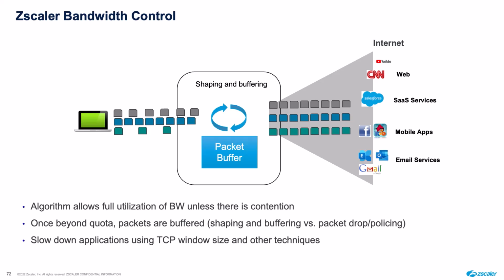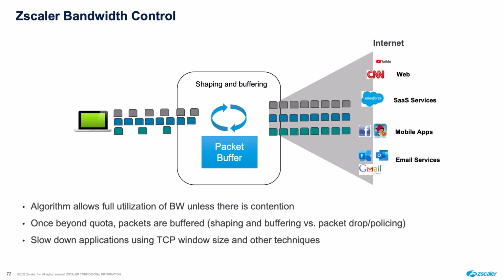So the technique Zscaler uses for all the internet-based transactions is more of a shaping and buffering technology as opposed to packet dropping and policing technologies, which you would see in a physical hardware-based quality of service capability from on-prem appliances.